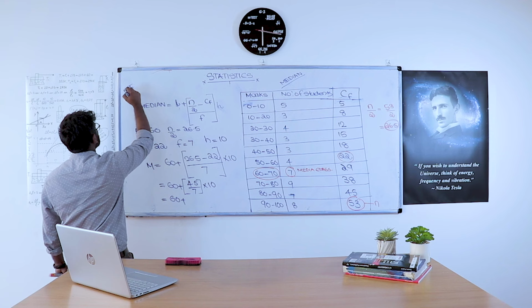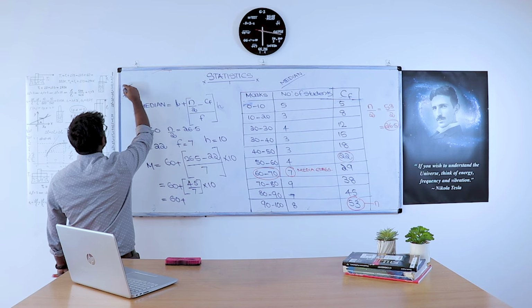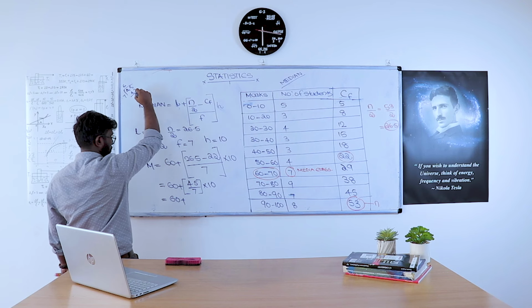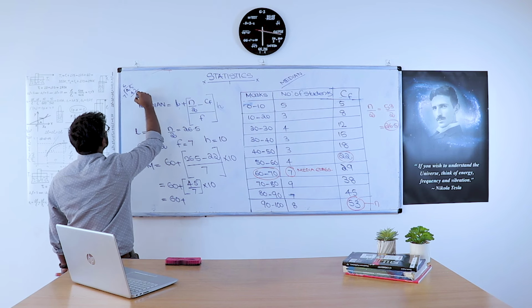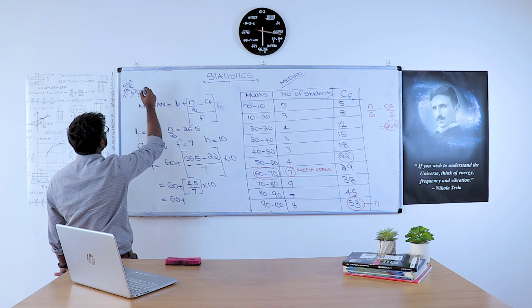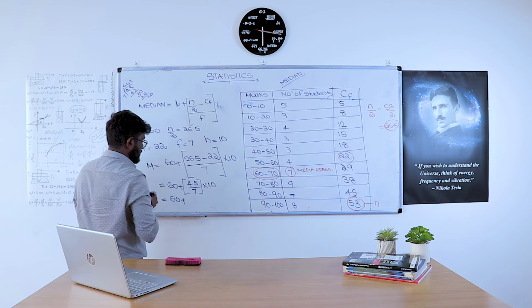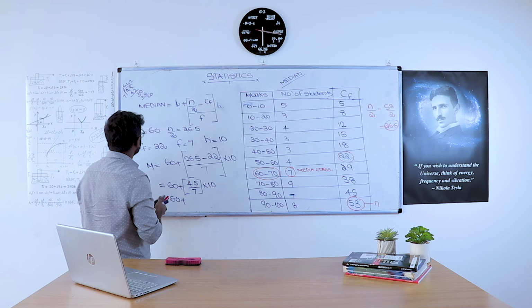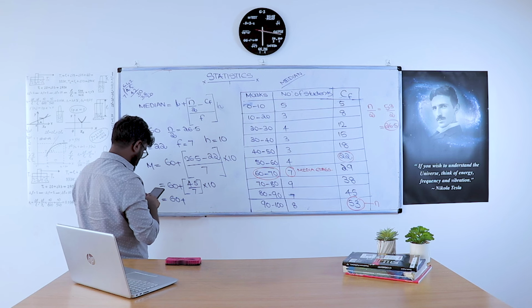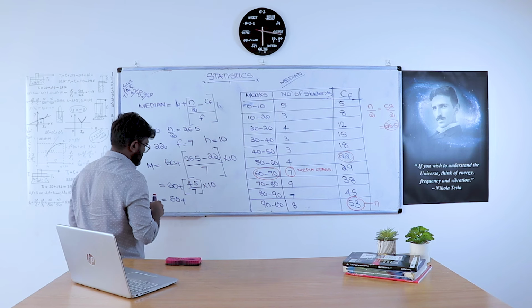Do 45 by 7. 7 sixes are 42, remainder 3; 7 fours are 28, remainder 2, 20; 7 twos are 14. So 0.64, like that. We'll confirm with a calculator. 4.5 divided by 7 is 0.64.